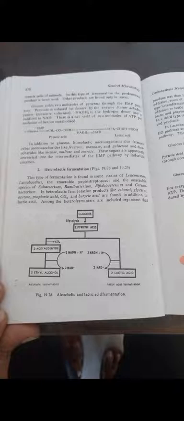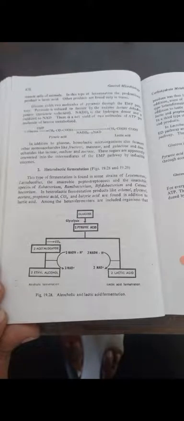Glucose is converted into pyruvic acid, which is then converted to acetaldehyde with the release of carbon dioxide, and then to ethanol. In the NADH2 to NAD conversion, two hydrogen atoms are utilized here, and the free NAD is taken up by the EMP pathway.